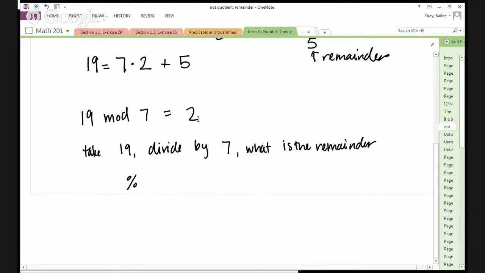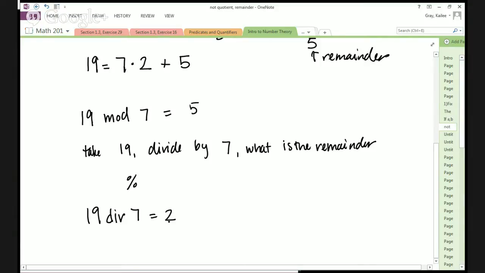But okay, so 19 mod 7 is 2, because no, it's not 2. It's 5. That's because if I divide 7 into 19, I get 5 left over. Now the other operator is div, and we won't use this as much, but this is just saying, how many times does 7 go evenly into 19?